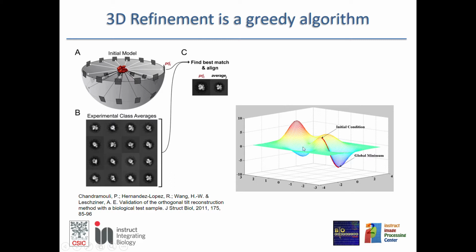So if you think of it as an optimization problem, this initial volume would be just a point in the landscape of the goal function. The goal function is the similarity between the reprojections of your initial volume and the experimental projections, the similarity or the error, the difference between those.